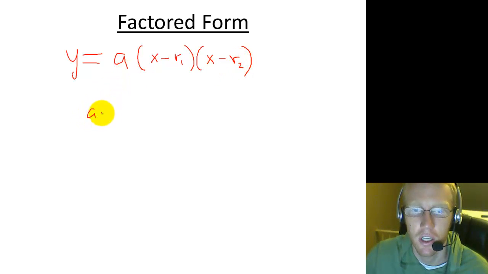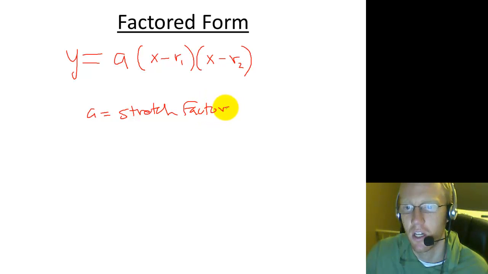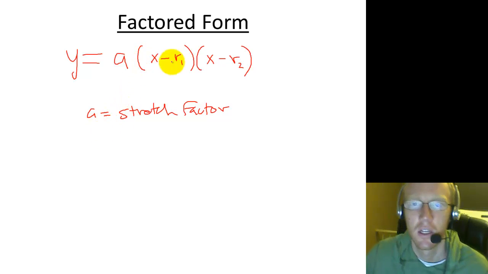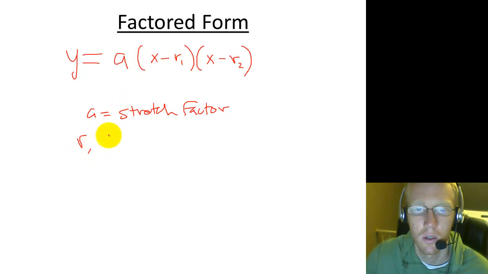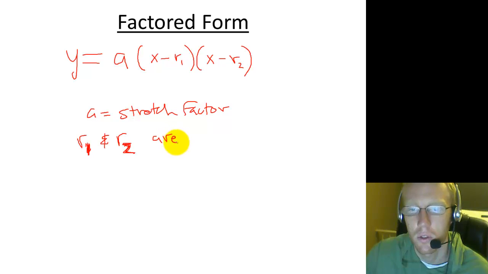A is again the stretch factor. So all three, that's the one thing they all have in common, is they all have an a, and it's always the stretch factor. But other than that, they have differences. So here r1 and r2 are called roots.